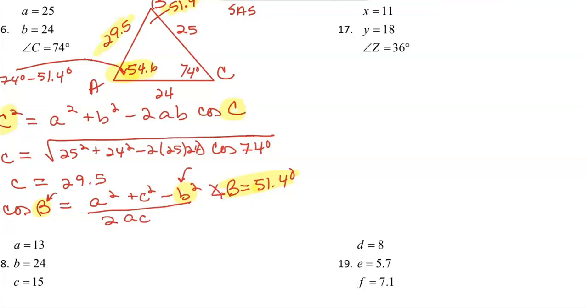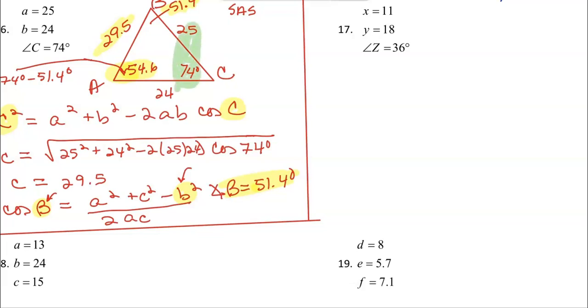Okay, so that brings us to 17. Let me just box off 16 in red. This was all 16 right here. Oh, and I had to say one thing. They also told us to compute the area of the triangle. So I used these values right here, this is my little trio.